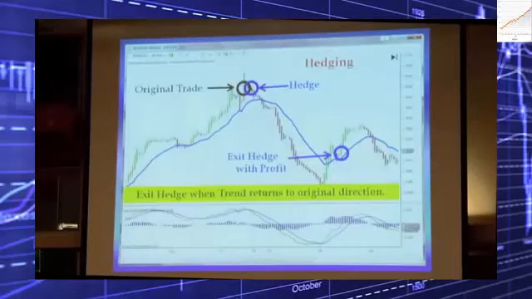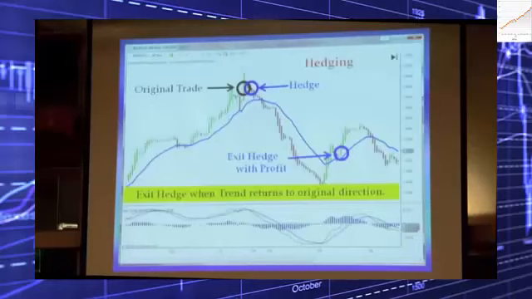As the market goes down and I close the short, or exit the hedge with profit, automatically that original long reopens. Correct? Can you see that? Basic math. This position was never closed. The original trade is still there.